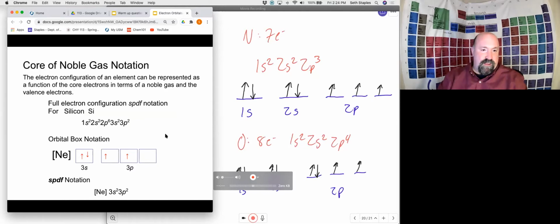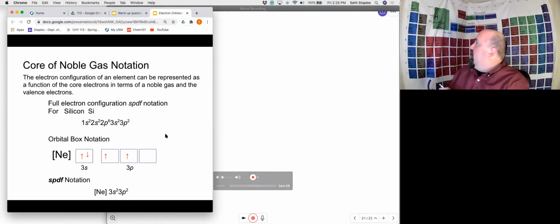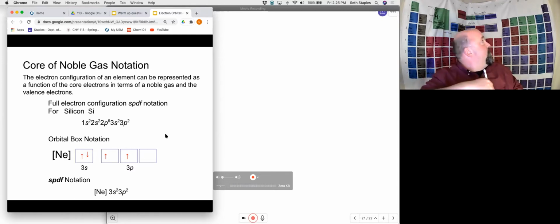Noble gas notation. We can shortcut configurations and box diagrams. So let's take a look at the configurations. We'll start with neon.